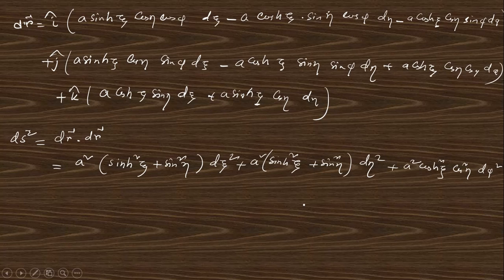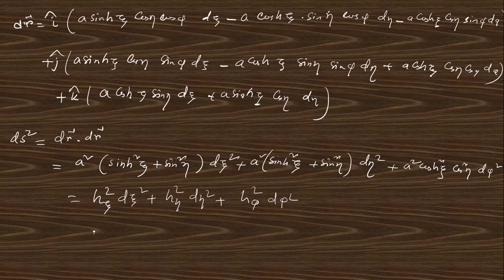Okay, so this is nothing but h xi square d xi square plus h eta square d eta square plus h phi square d phi square, right?